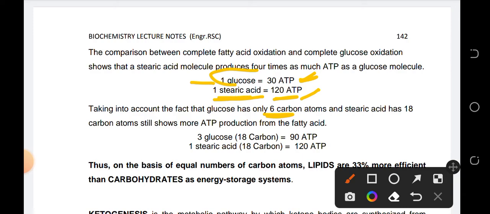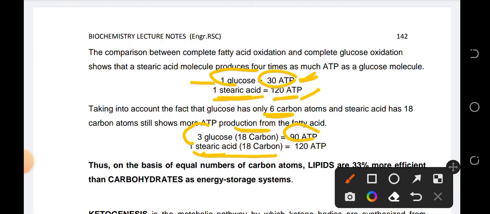Kasi si stearic ay 18 carbon atoms, no? So, para parehas sila na 18 carbon atoms, si glucose i-multiply natin ng 3. Nevertheless, kahit na i-multiply natin ng 3 yung ating glucose para patas yung basis natin, yung 30 magiging 90 lang.